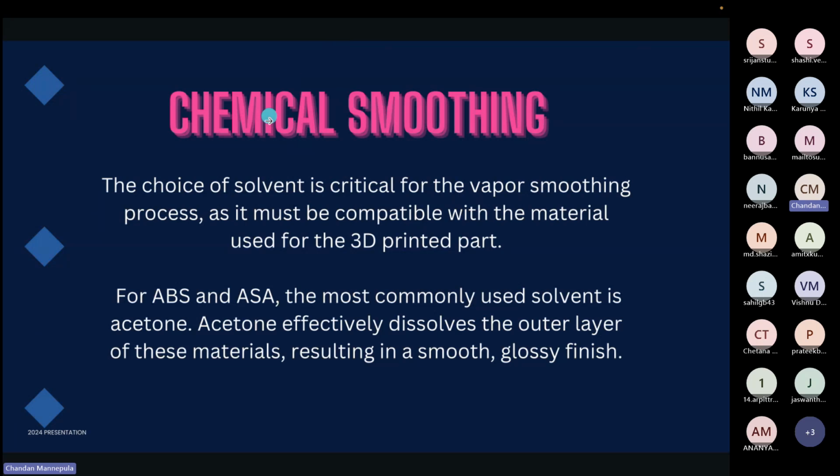The choice of solvent is critical for the vapor smoothing process, as it must be compatible with the material used for the 3D printed part. We need to select a solvent that won't react with the material of the given 3D printed object. Now, can you say the full form of ASA?